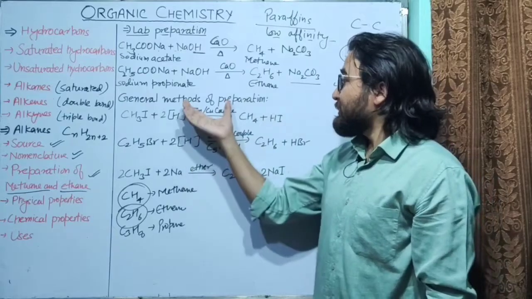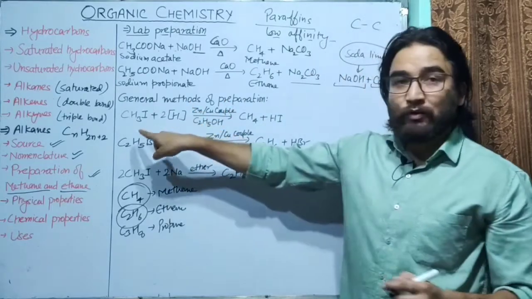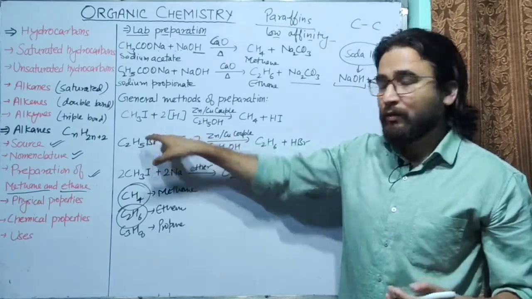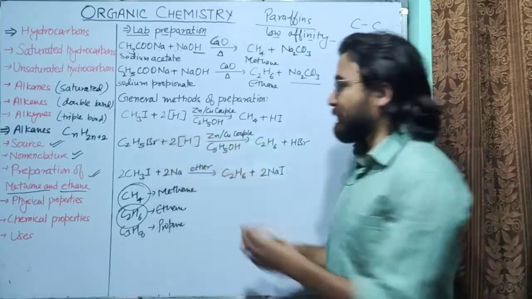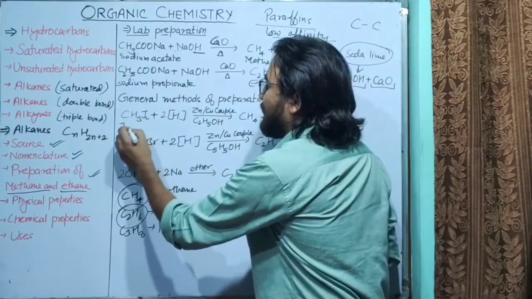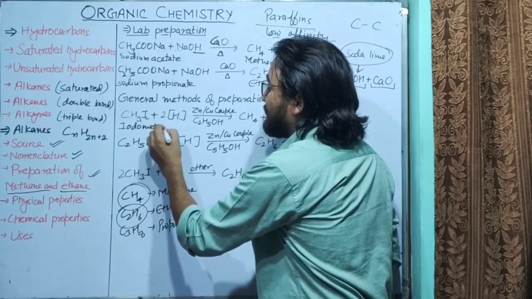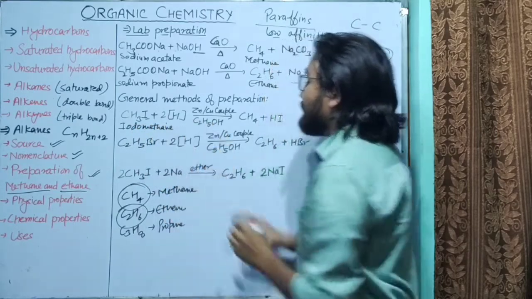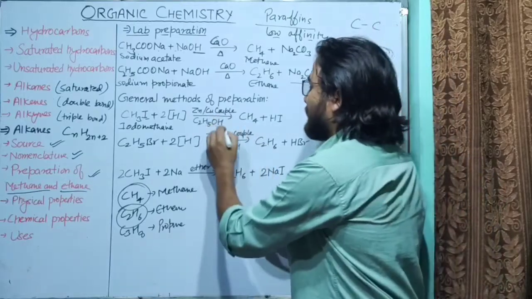The next is general methods of preparation, other methods of preparation. So if you want to prepare methane, we can react iodomethane. This is iodomethane because iodine is attached to it. So iodomethane is treated with zinc copper couple and alcohol.